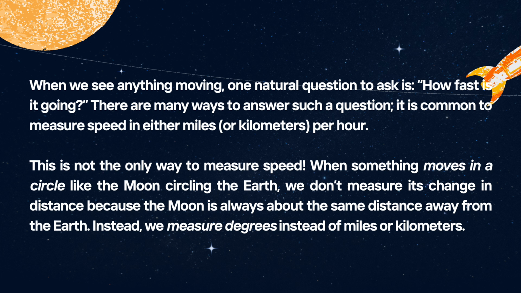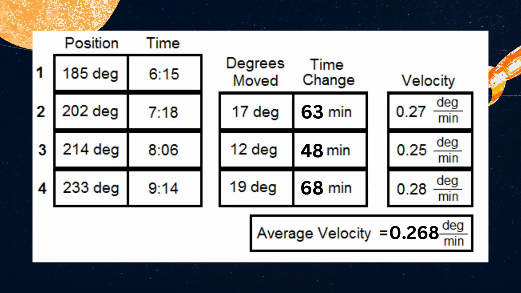This is not the only way to measure speed. When something moves in a circular motion, like the moon circling the earth, we don't measure its change in distance because the moon is always about the same distance away from the earth.